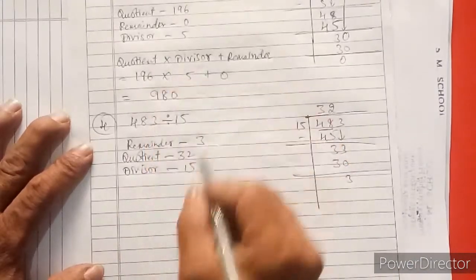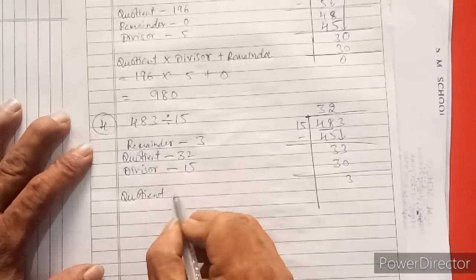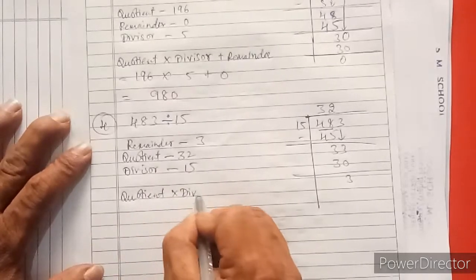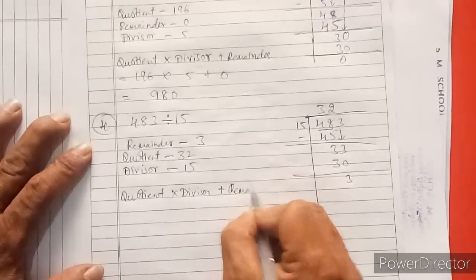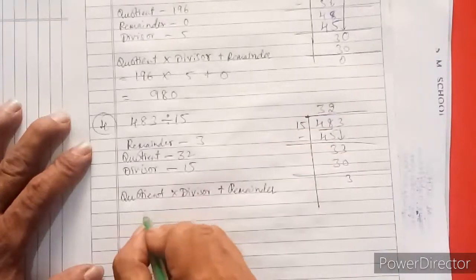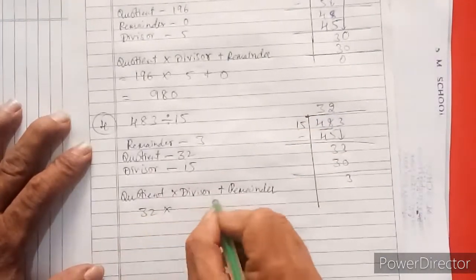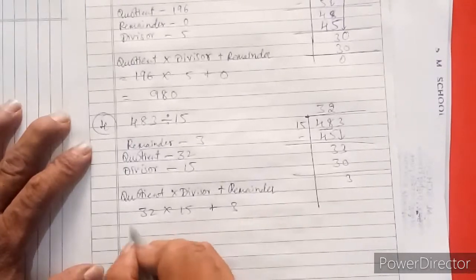Now according to the formula, quotient into divisor plus remainder. According to that, the quotient is 32. What is the divisor? 15, plus remainder 3.